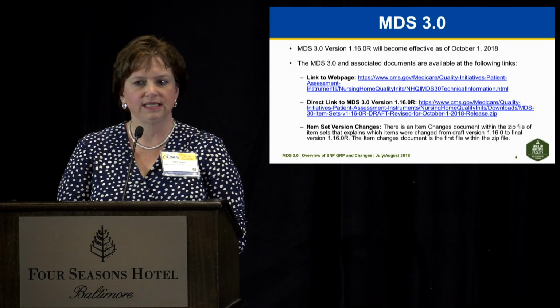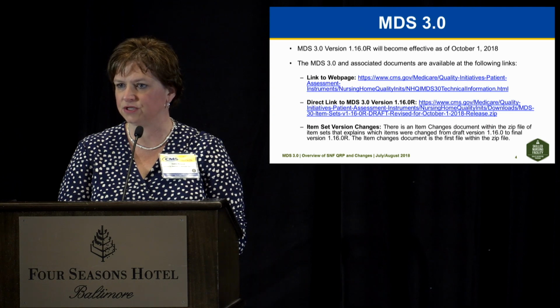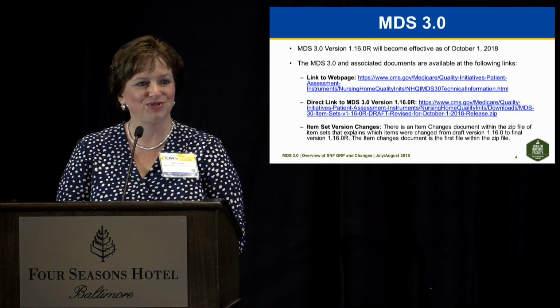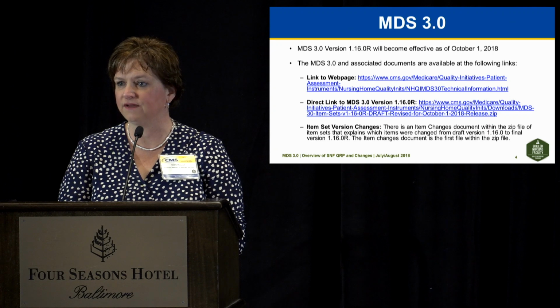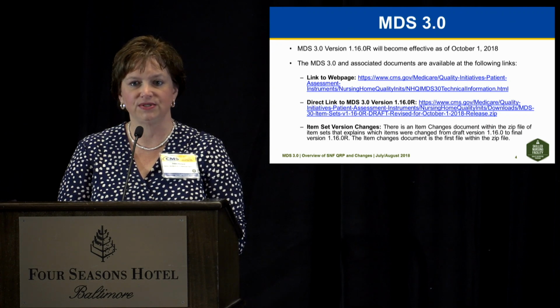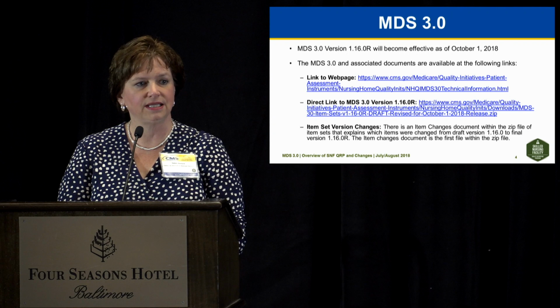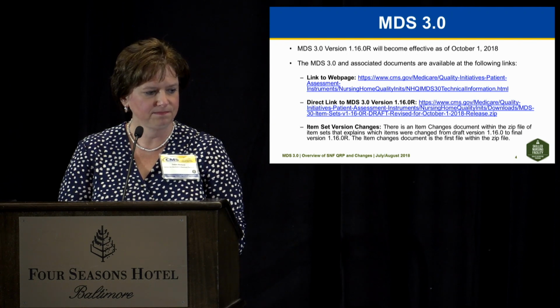The first link will take you to the MDS 3.0 technical information page. Now, there's a lot of information available to you on this page, including the zip file for the item sets that are in effect in October. You will also be able to access things such as the data submission specifications that coincide with the item changes, and a link that will take you to the RAI manual page.